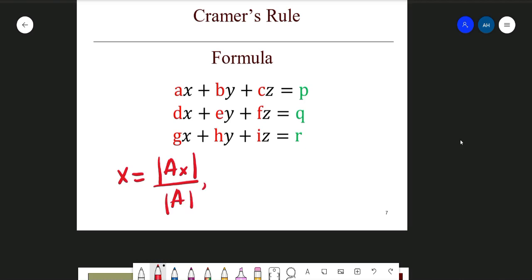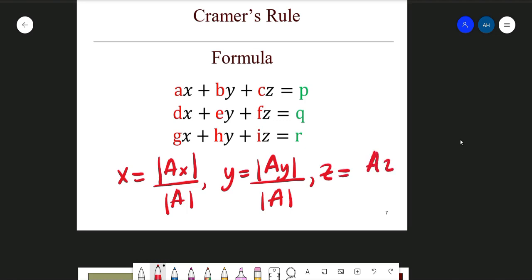Y equal to the determinant of AY divided by the determinant of A, like that. Not only two variables, we have our third variable, that is Z. Now, what is the formula to find Z? That is AZ, the determinant of it, divided by the determinant of A.